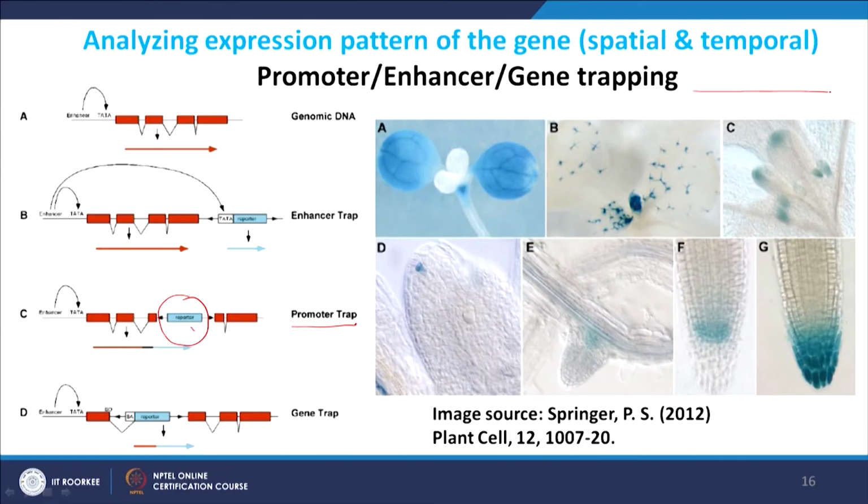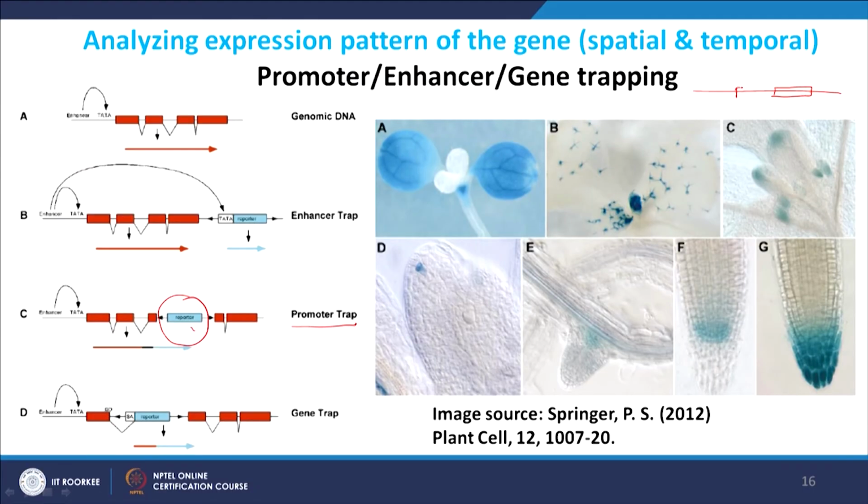So basically this T-DNA will randomly get inserted in the genome. Let's assume it gets inserted in a gene of interest which is expressed in the petal.